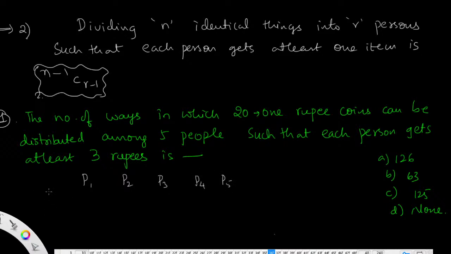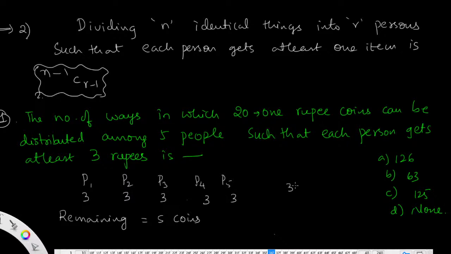At least each person gets 3 rupees means P1 is 3, P2 is 3, P3 is 3, P4 is 3, P5 is 3. So total how many coins? 3 fives are 15 rupees. Then 21 rupees are there, so the remaining coins are 6.